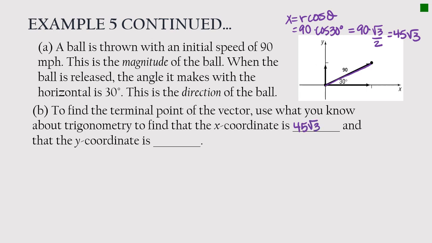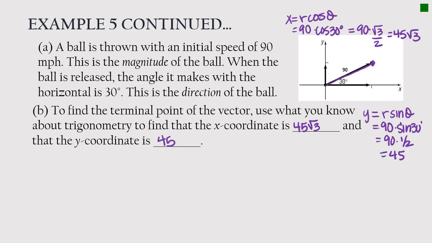And if we're looking for the y-coordinate, we know that y equals r times the sine of theta. So 90 times the sine of 30 degrees gives me 90 times 1/2, which is 45.